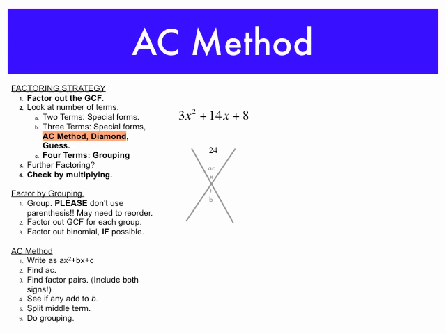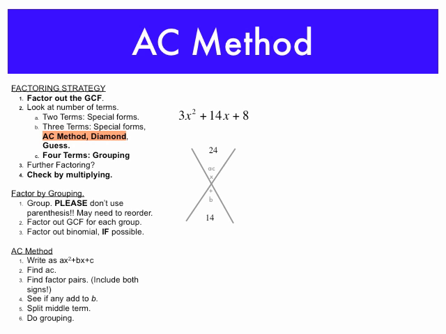Remember, A is the number in front of your x squared, B is in front of your single variable, and C is the number with no variable at all. So for this problem, A is 3 and C is 8. So 3 times 8 is 24. I'll put that in the top of my little diamond here. B is 14, so that goes right there.